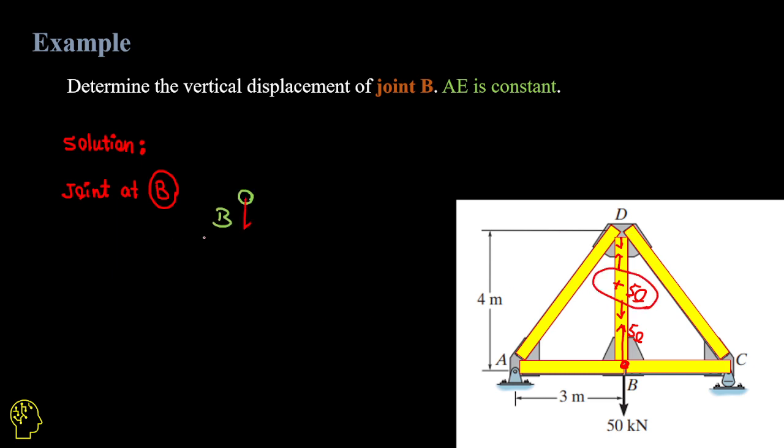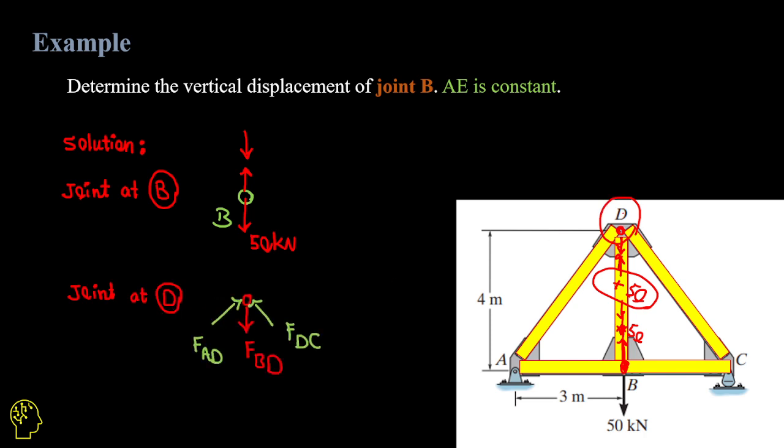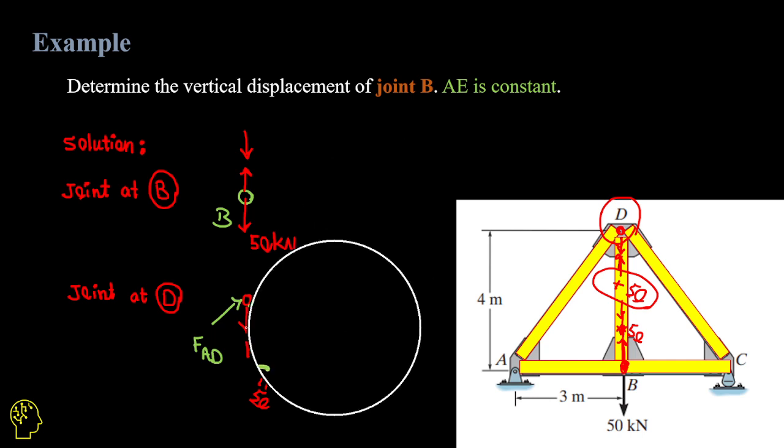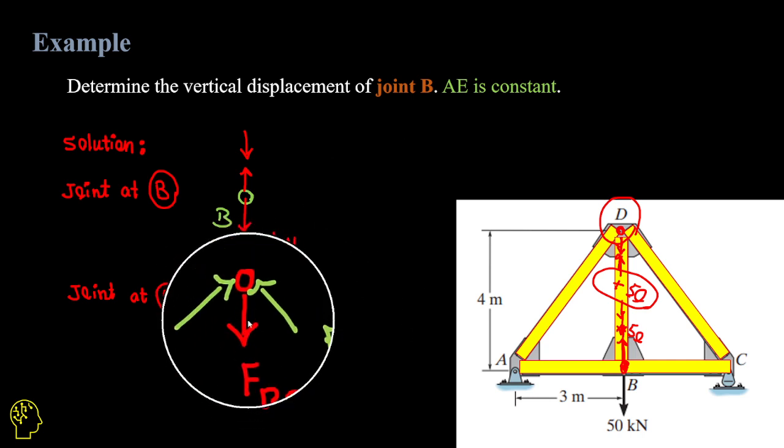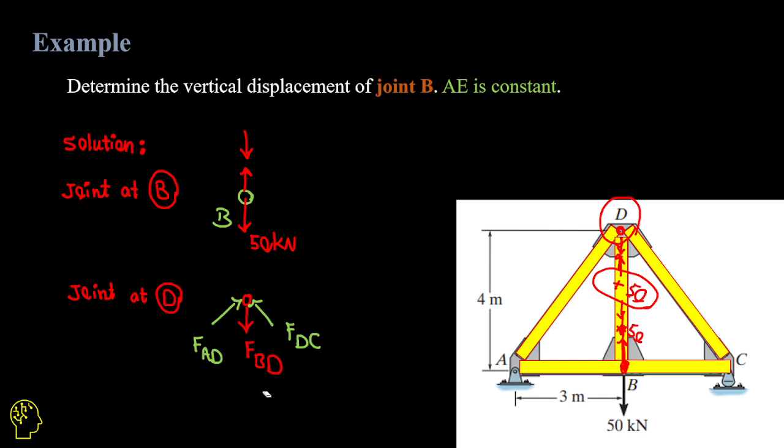Then if we move to joint B, as you can see here, there is a pulling downward force, FBD equal to 50. These two identical forces cancel out, so they push the joint B here, as you can see in the figure, to have the balance.